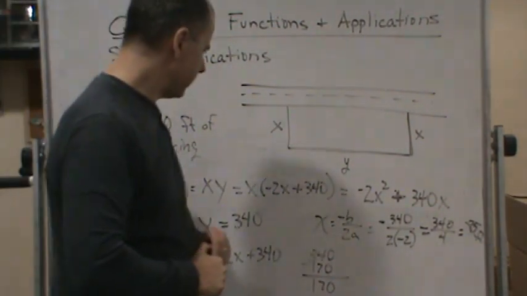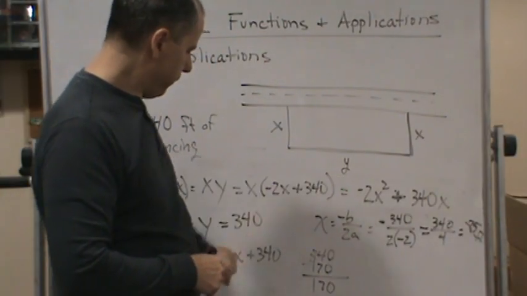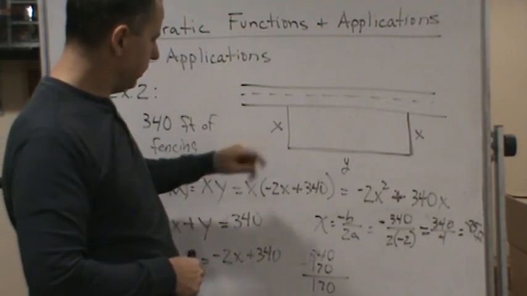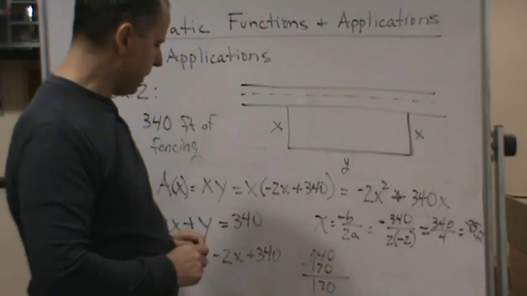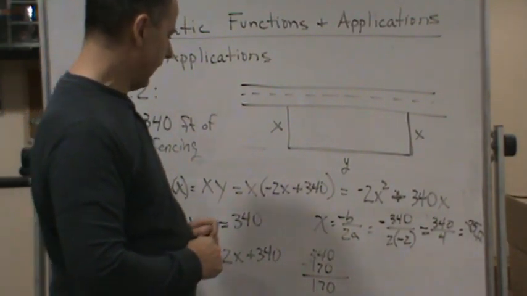So y is double x. So y is equal to 2 times x in this case.